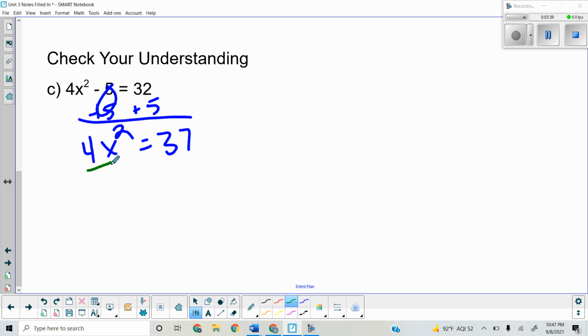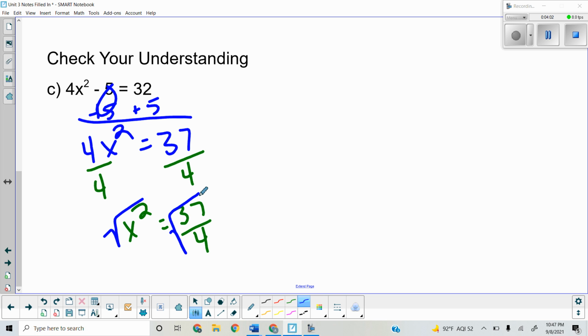Divide by 4 on both sides. So we get x squared equals 37 over 4. And then we take the square root.